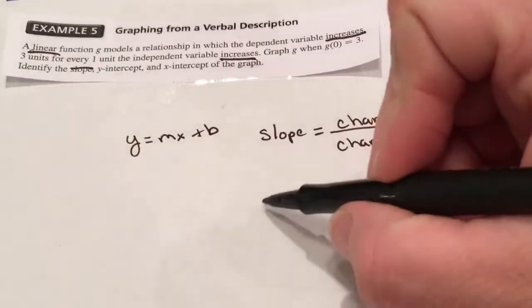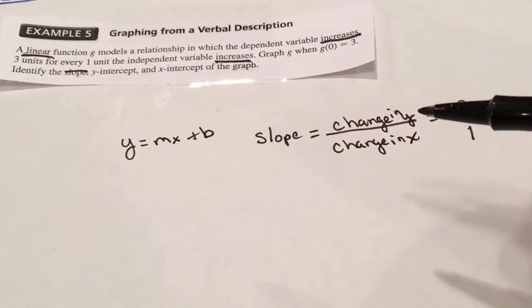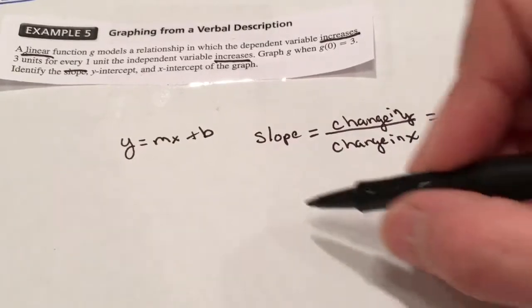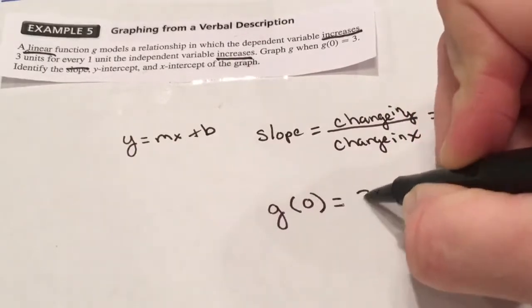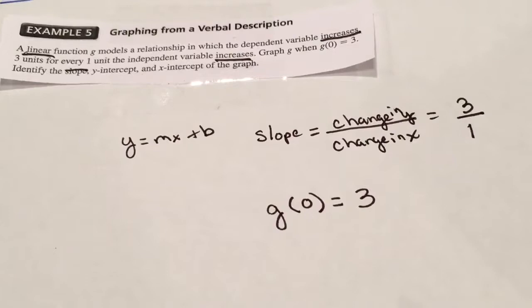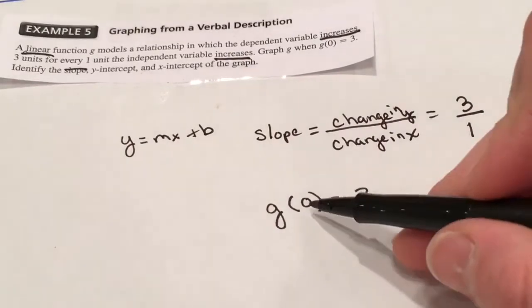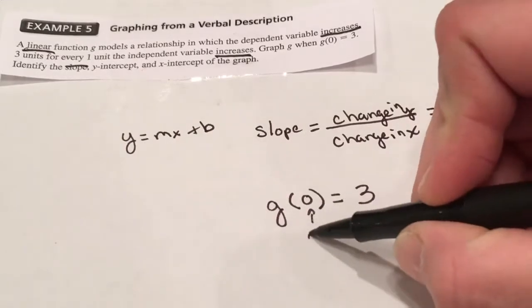The second part says find the y-intercept. Well, it says when g of 0 equals 3. So that basically is telling me that this is the situation when x is equal to 0, because this really is my x term.